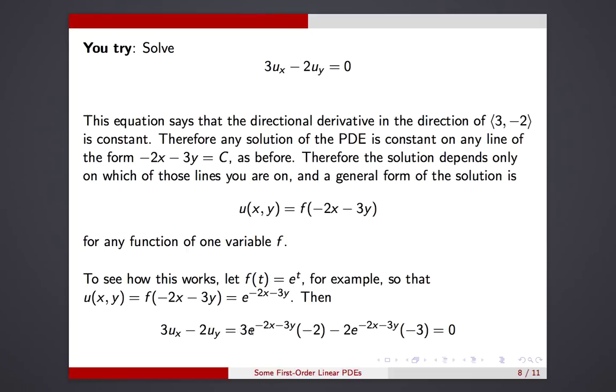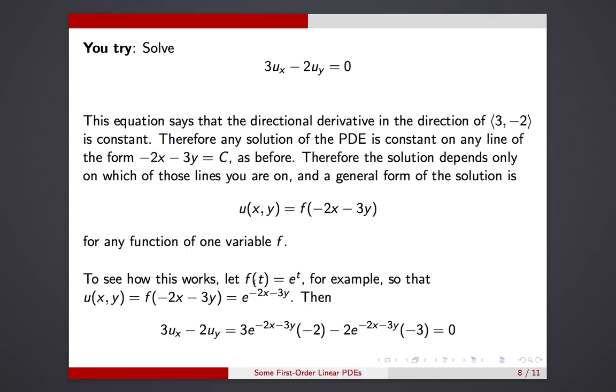The derivative of e to the x is basically itself, but then you put the derivative of the inside, so the 3 comes along. Here's the derivative of x right there, and then minus 2u_y, so the 2 is right there, and you have e to the stuff again, times the derivative of the y part this time. So notice you have a -6 here and a +6 here, and you get 0.